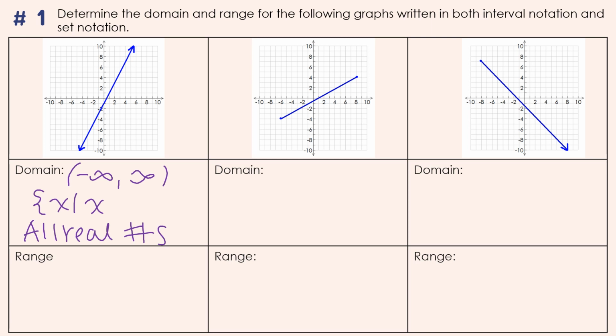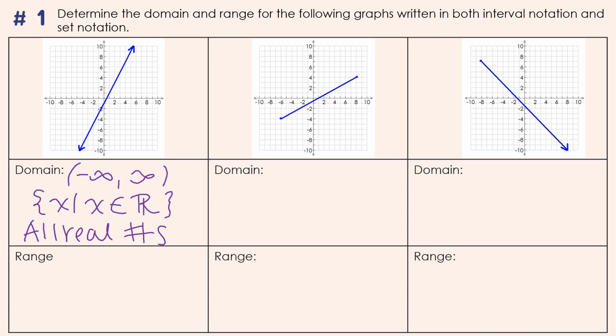X, there's a symbol for real numbers. So the first symbol that we're going to use is kind of this E looking thing. That's an element of, and then the symbol for all real numbers is kind of like an R but with two lines on it. Again, not as common to see that notation, but that is how you would technically write set notation for a line that goes left forever and right forever. It doesn't have to be a line, it could be anything.